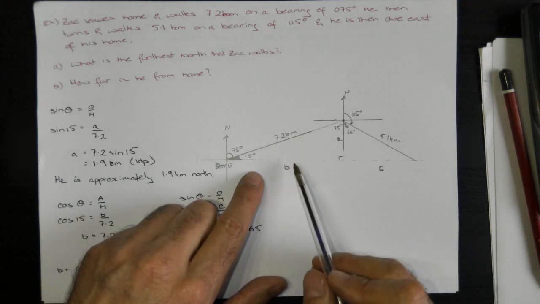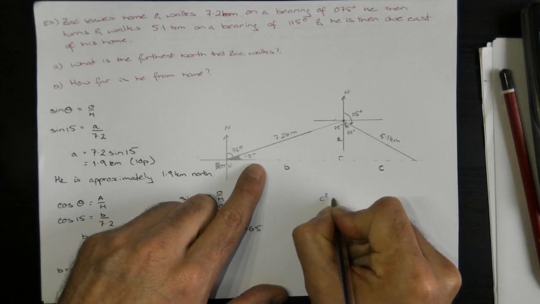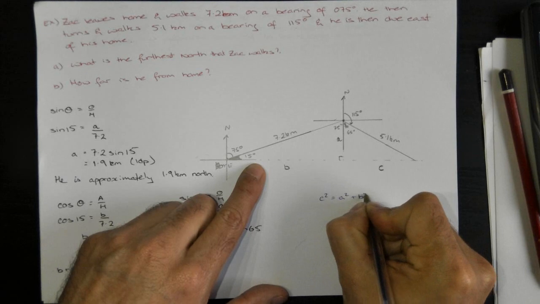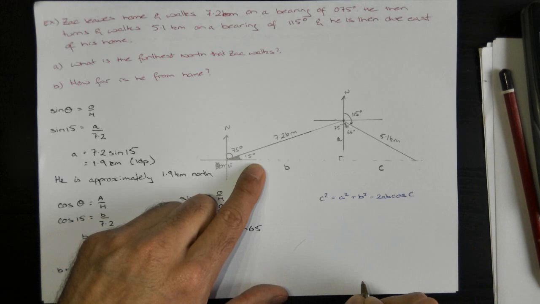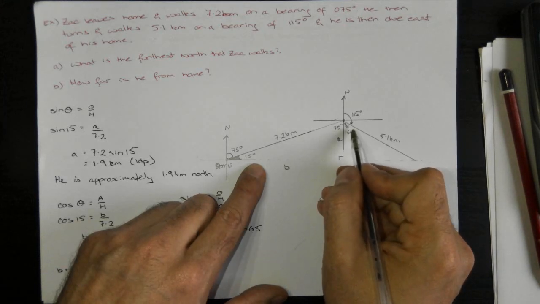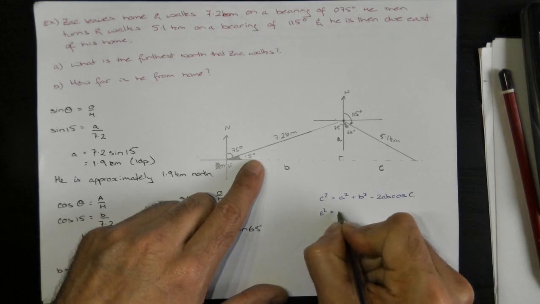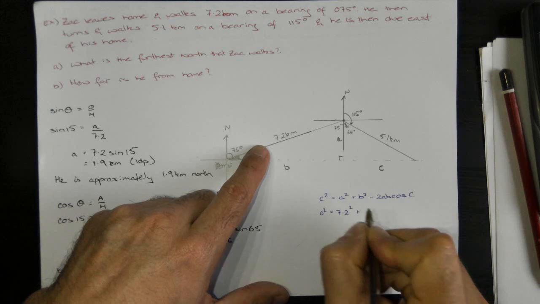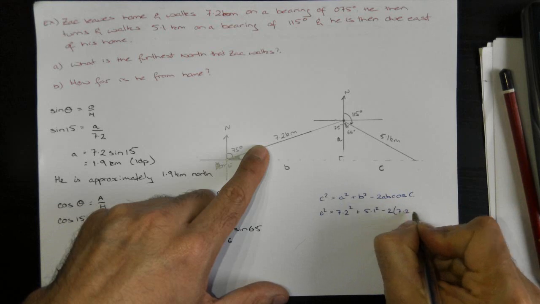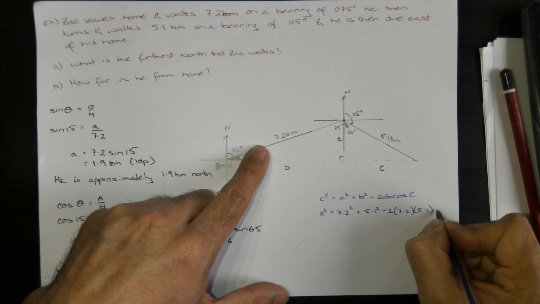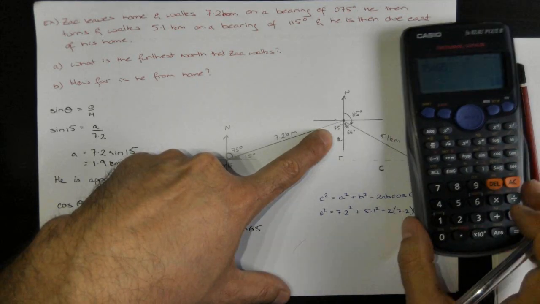If I knew the cosine rule, that c squared equals a squared plus b squared minus 2ab cos C, and knowing that I have that angle, I could figure it out as c squared equals 7.2 squared plus 5.1 squared minus 2 lots of 7.2 times 5.1 cos of 75 plus 65, which is 140.